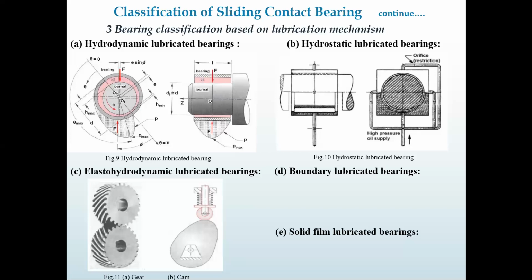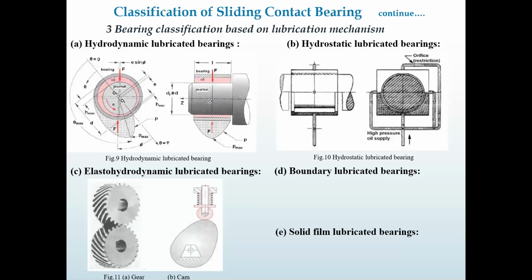Then solid film lubrication. When bearings are operated at extremely high temperature, lubricating oils are not suitable and can lose their properties. As we know, as the temperature increases, the viscosity decreases.